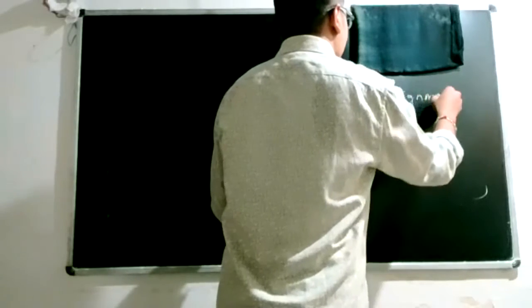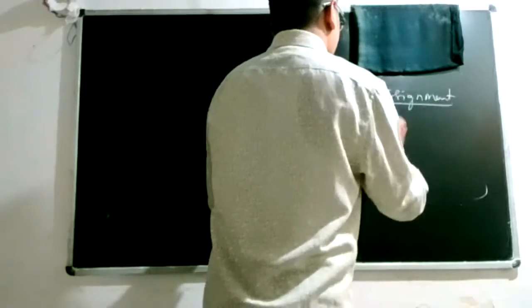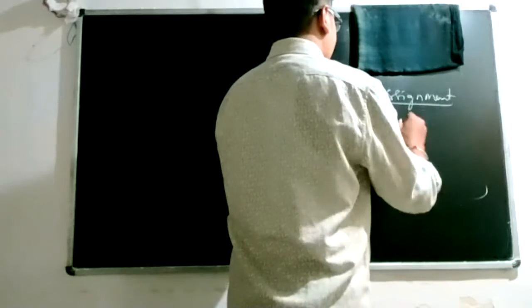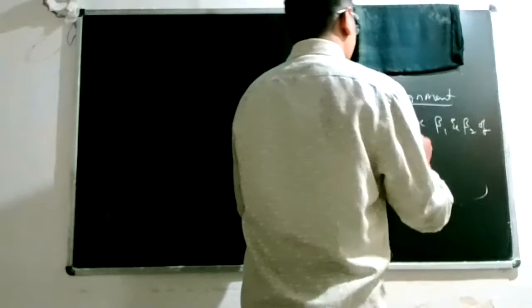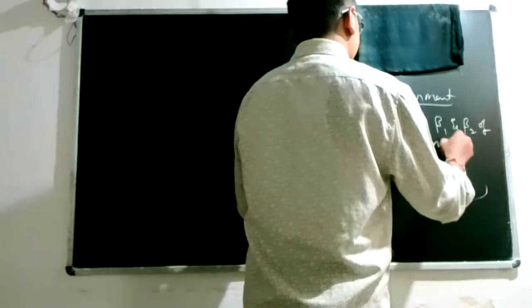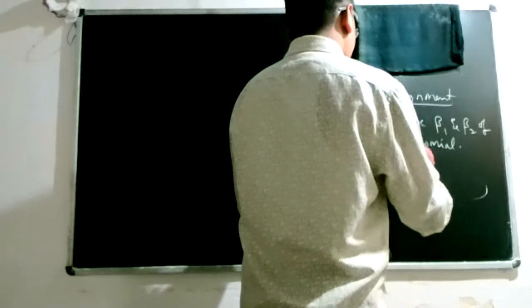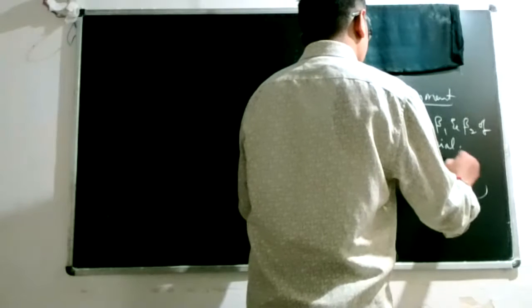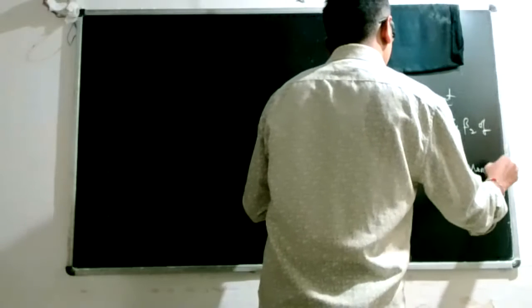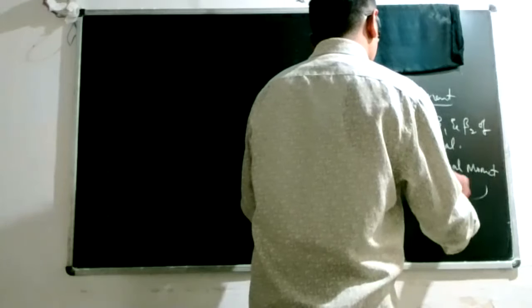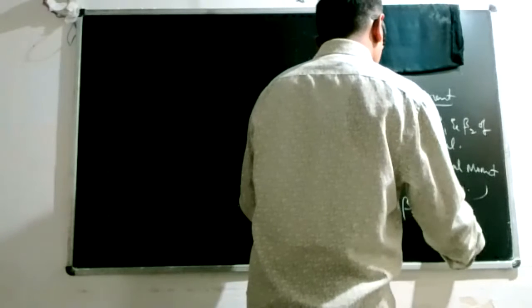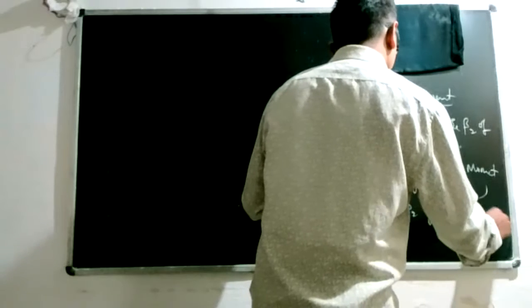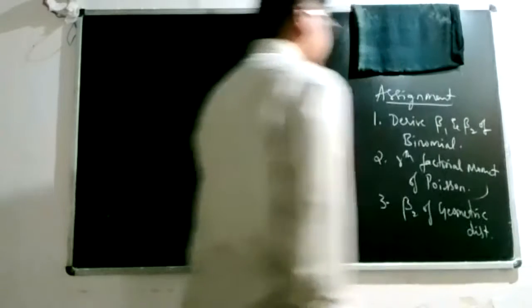The first question is deriving beta 1 and beta 2 of the binomial distribution, then the r-th factorial moment of Poisson, and then beta 2 of the geometric distribution. Geometric will be starting next week. So these are the 3 questions.